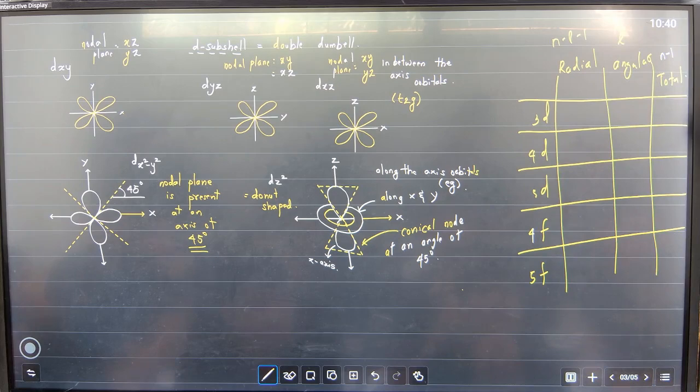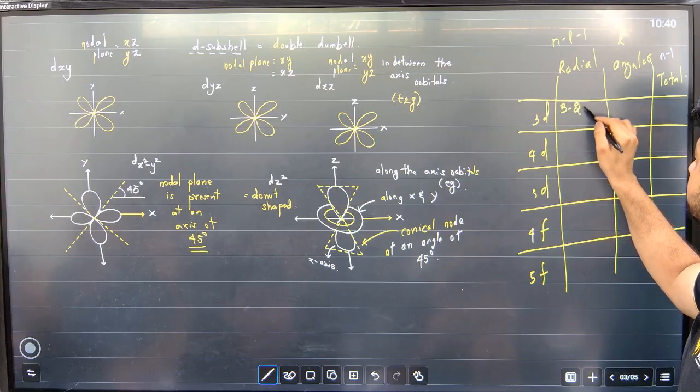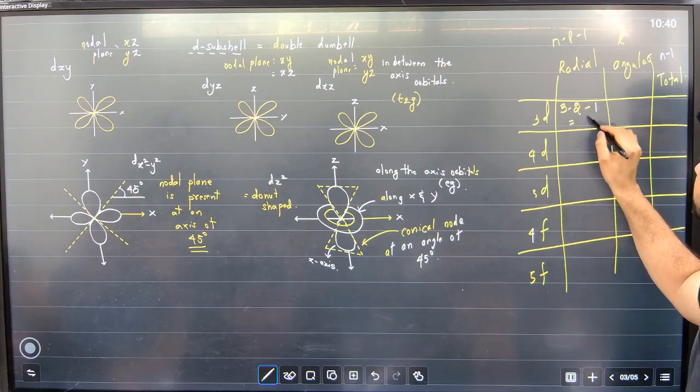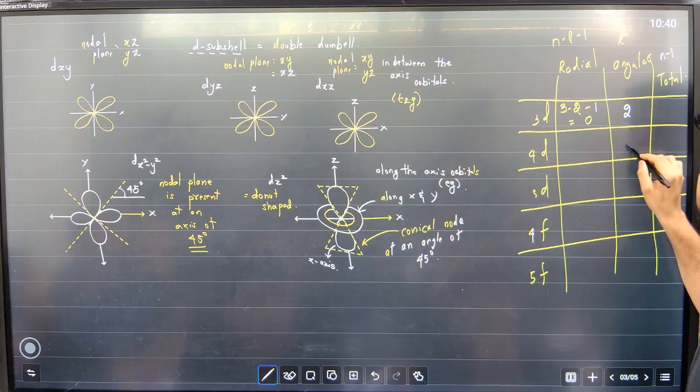3D: 3 minus 2 minus 1, what will that be? 0. Angular node 2.